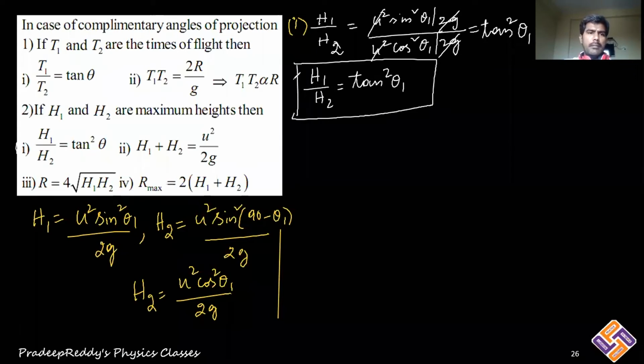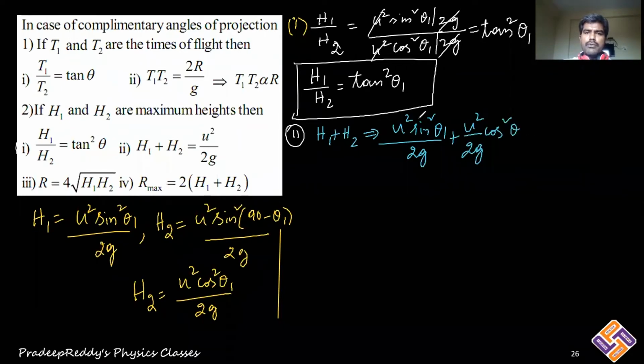That is number 1. Next, number 2, you need to take the sum of the heights, H1 plus H2. What is H1? H1 is u square sine square theta 1 divided by 2g plus u square by 2g into cos square theta 1.